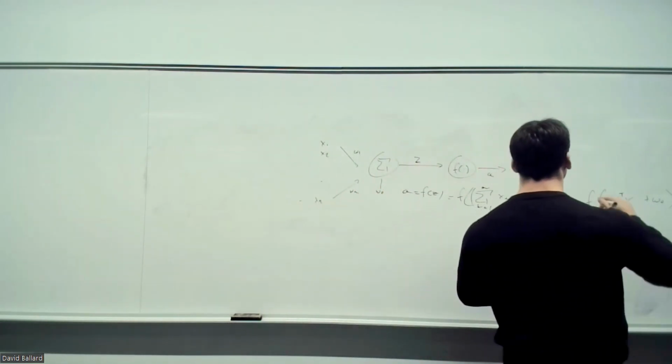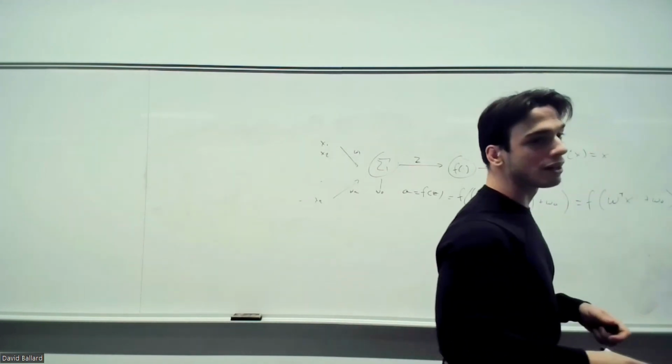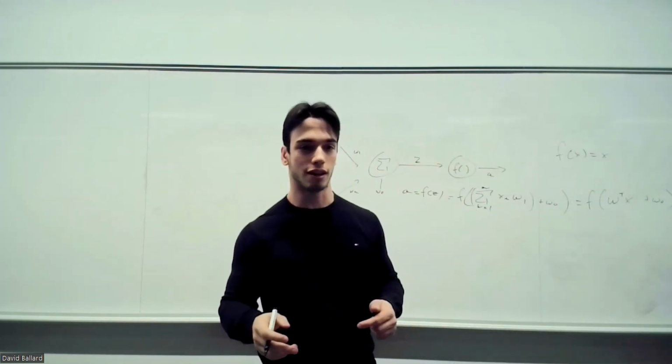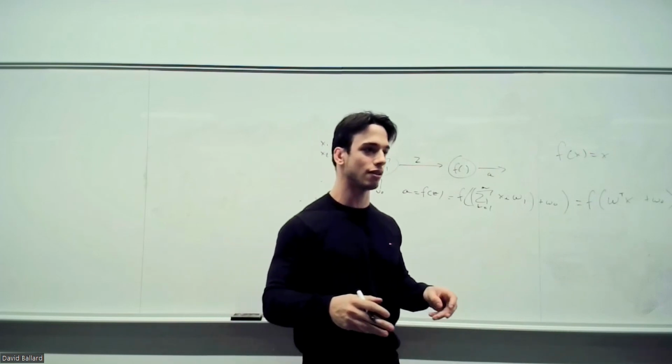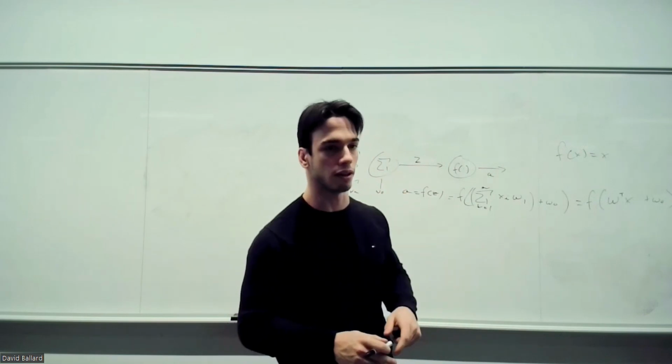The most basic activation function is f of x equals x. Often it's nonlinear; you often have these nonlinear gates, as you might call them. That'll be your activation function.